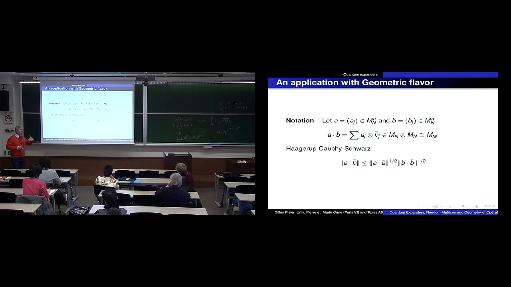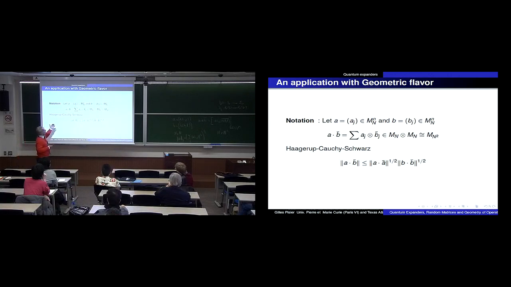So the coordinates of my vectors A and B now are matrices of size capital N. In general, maybe we could take operators, but today I'll restrict everything to matrices. So this scalar product lives inside this large matrix space, and of course the norm that I'm taking here, like I explained earlier, is the norm in this space.